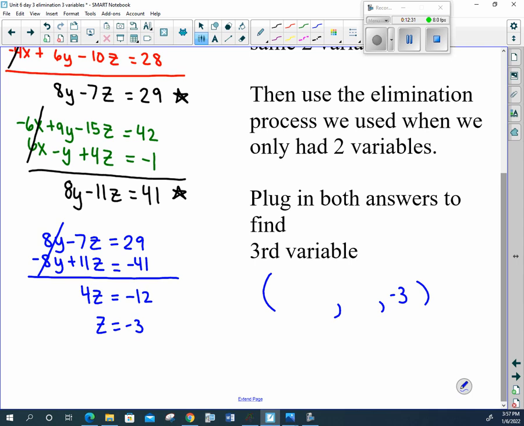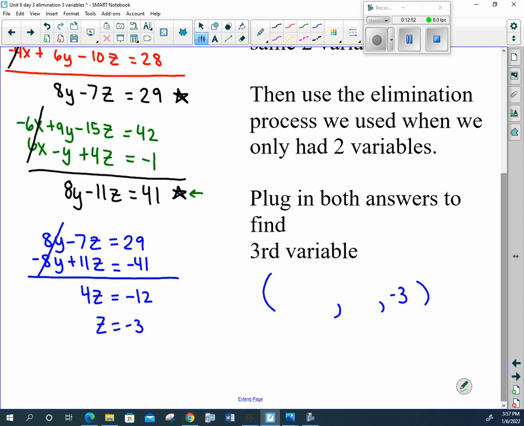We just need to figure out what x and y are. Now, it wouldn't make sense to go clear back to the beginning because I have too many variables, too many unknowns. So take the -3 and now go backwards and put it into an equation that only has 2 variables. So I think I'll just use this equation right here.